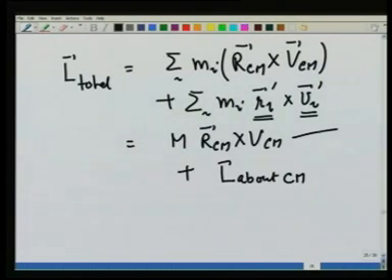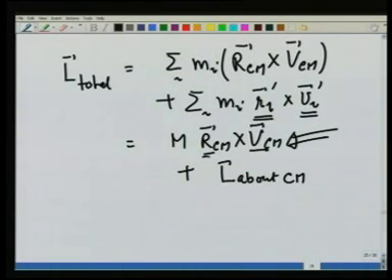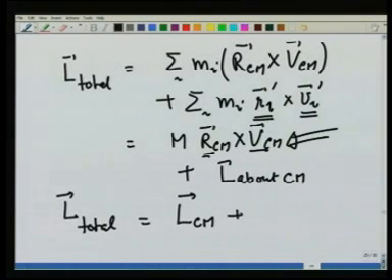And this quantity is nothing but as if there is a massive particle of mass m moving with velocity V_CM at distance R_CM. So, this is nothing but the angular momentum of center of mass, and therefore, I can write L total as equal to L of CM plus L about CM.